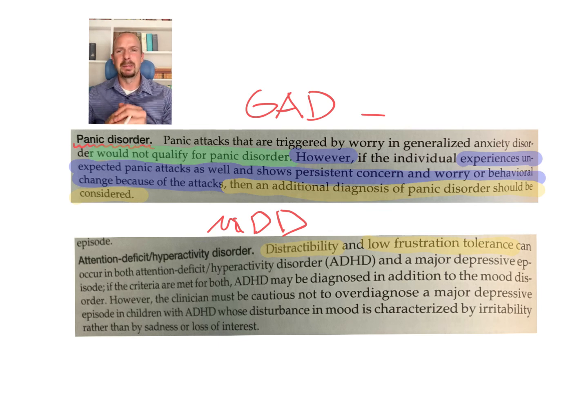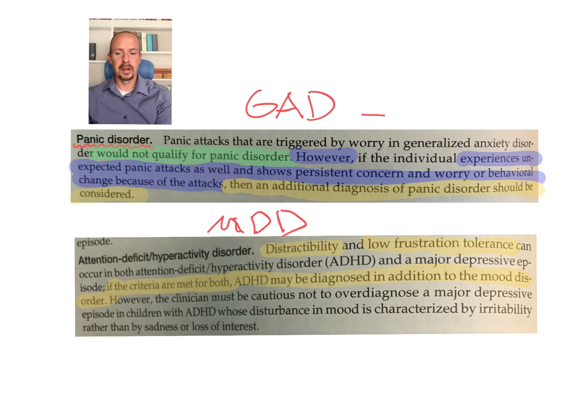There can even be a lack of sleep or difficulty sleeping as additional symptoms in common between these two. And so it says, okay, do you choose ADHD or do you choose major depressive disorder? However, it once again says that if the criteria are met for both, ADHD may be diagnosed in addition to a mood disorder.